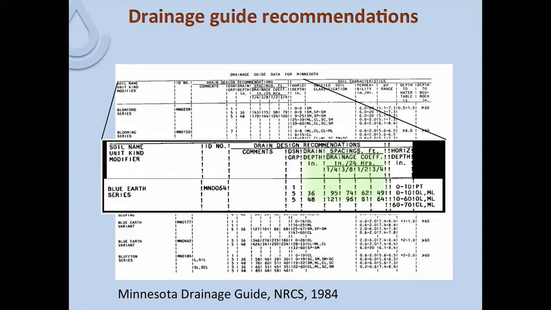You could look up, using a table, your soil type, and then based on the depth you were going to put your drains at and the drainage coefficient, come up with a recommended drain spacing. For example here, for a soil from the Minnesota drainage guide, given two different depth choices, either 3 feet or 4 feet, looking over to your drainage coefficient, you can come up with a recommended spacing.